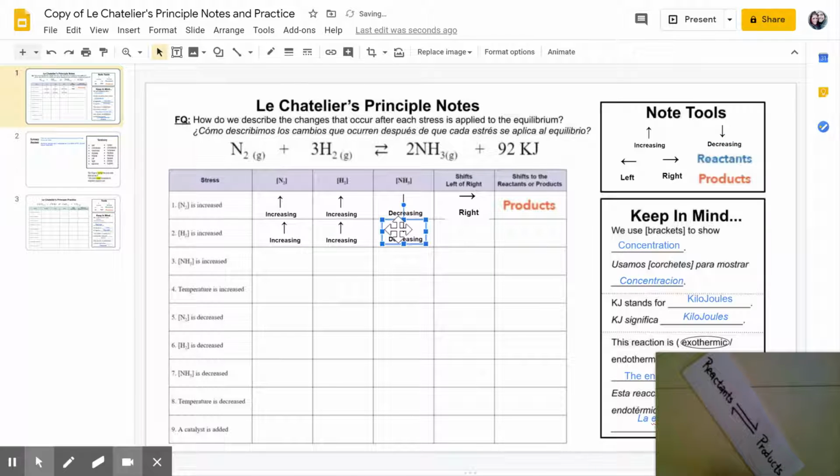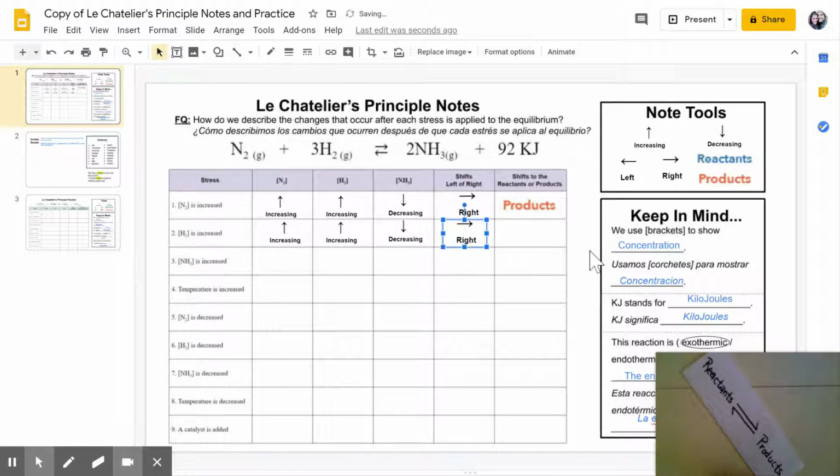And again, in order for this reaction to go back to equilibrium, we're going to have to shift towards the side that is lower. And in this case, shifting to the right side because the right side is lower. So I'm going to shift to the right. Okay.